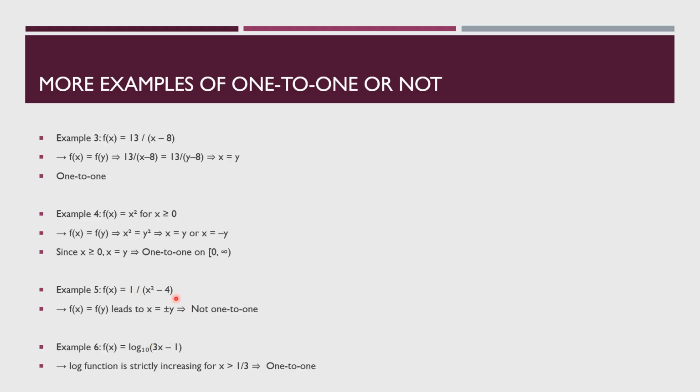And it means that this particular function fails to qualify to be a one-to-one function or injective function. And we can also look at this particular example, log 10 of 3x minus 1. Log function is strictly increasing for x greater than 1 over 3, which implies this particular function also qualifies to be a one-to-one function. Good.